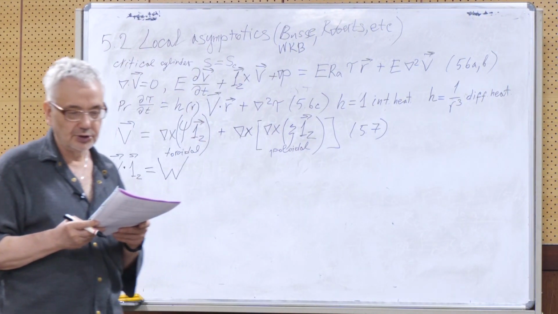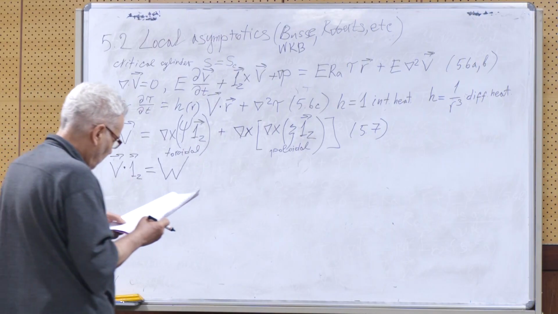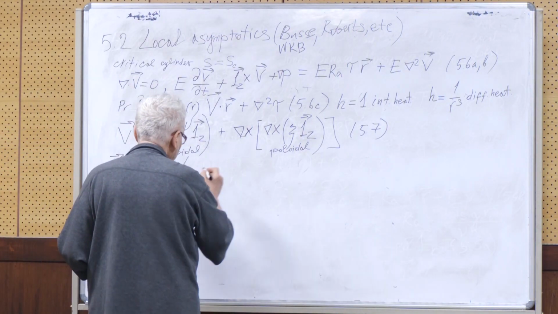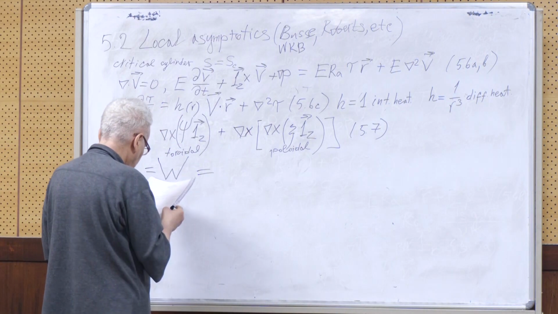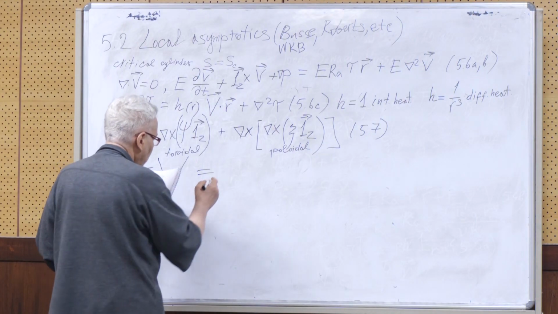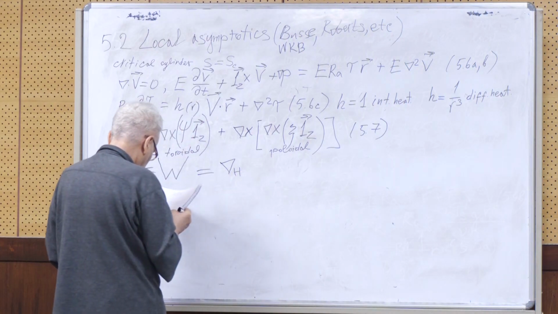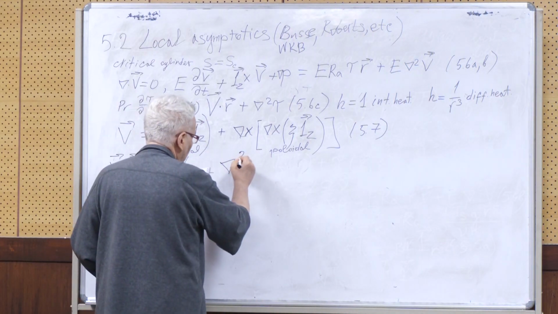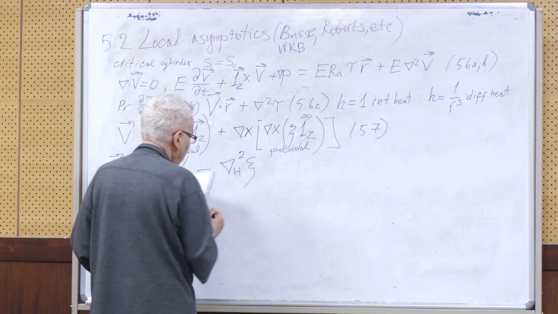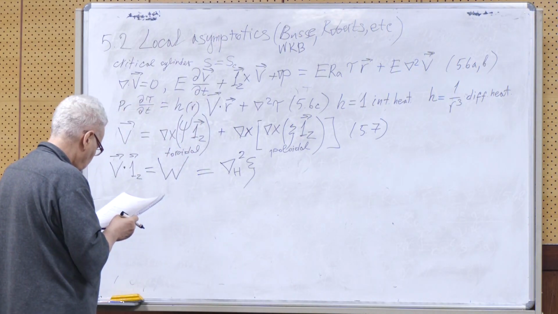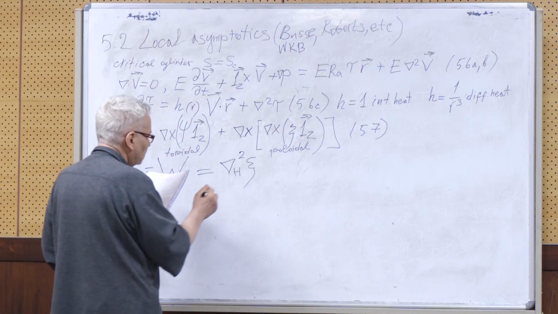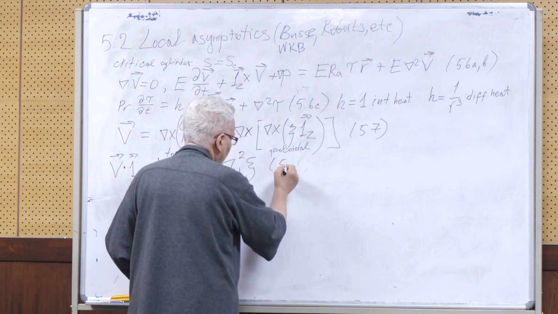And later you will see that it's indeed very important. And in terms of all these things, it also has a very simple representation via the modified Nabla squared of Xi, and this constitutes formula 5,8.